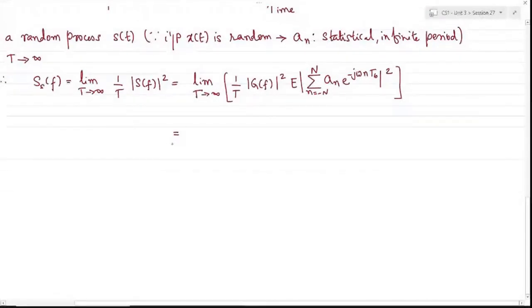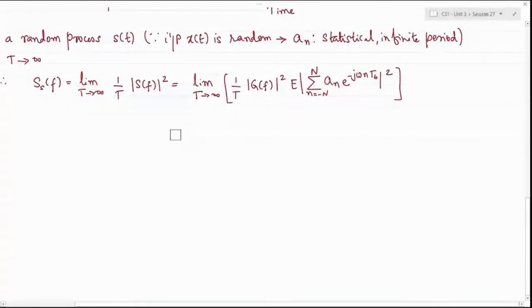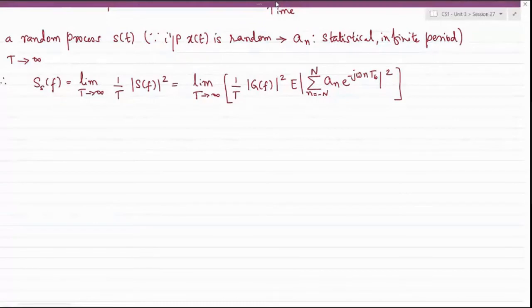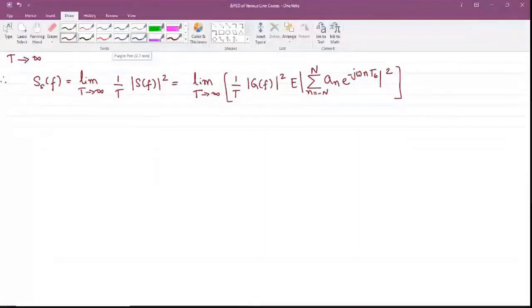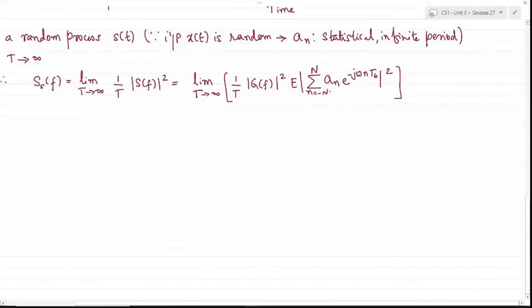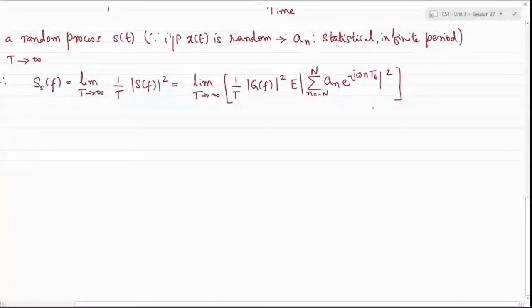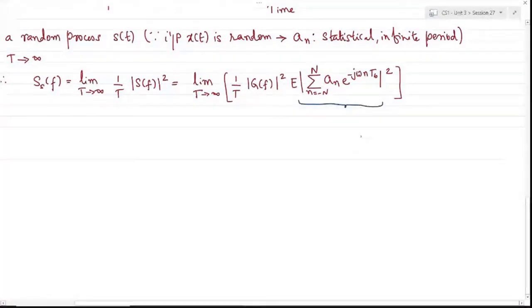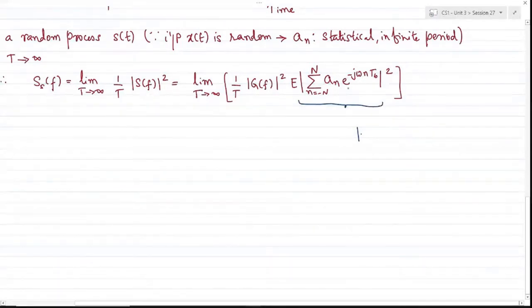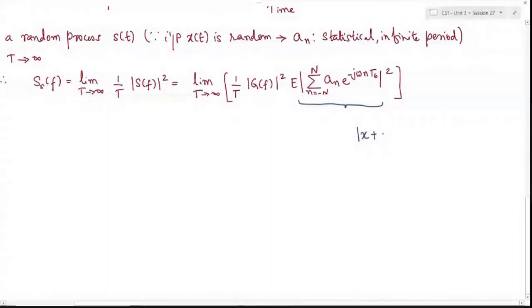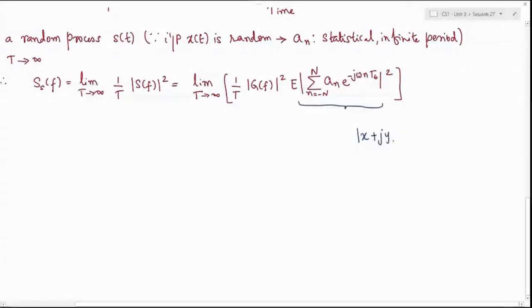Okay, and this can be simplified easily. If you carefully observe this part, it is of the form of a magnitude, since the exponential is a complex term here. Although a_n is a real quantity, e to the power minus j theta is a complex quantity, and hence this is of the form of some complex quantity whole square.